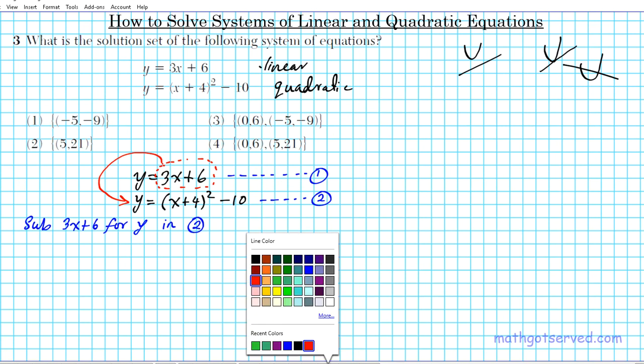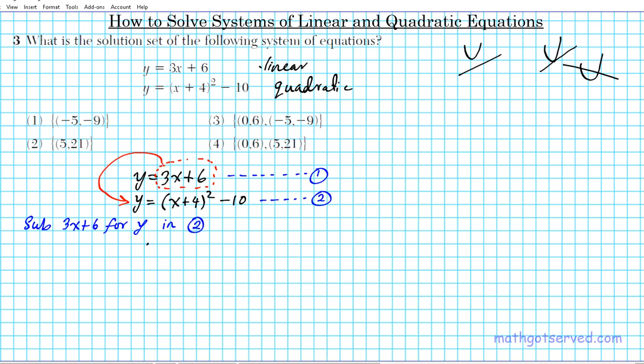If we carry out that substitution, we are going to have 3x plus 6 equals the quantity x plus 4 squared minus 10. Now this is a solvable quadratic because we have one equation with one unknown. Let's expand the right side first, get rid of that parenthesis.